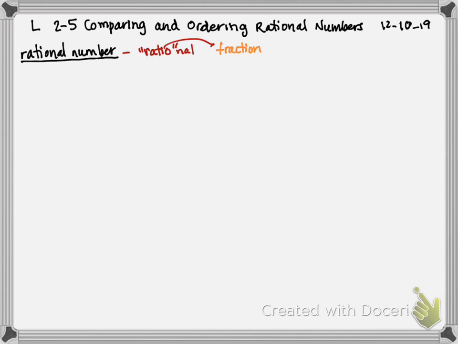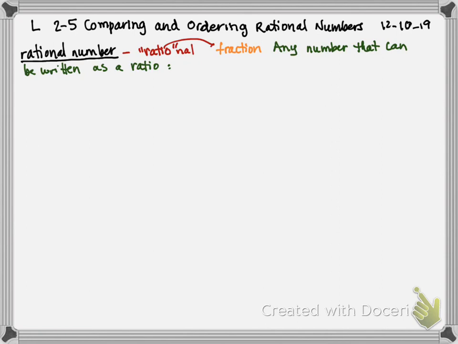But here's the definition of a rational number. It's any number that can be written as a ratio. So, I always do that, don't I? As a ratio, that's a comparison of two numbers.